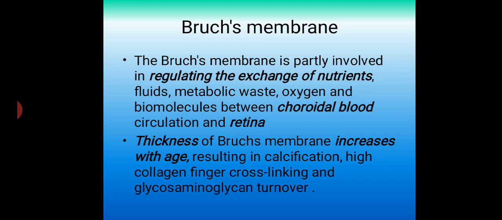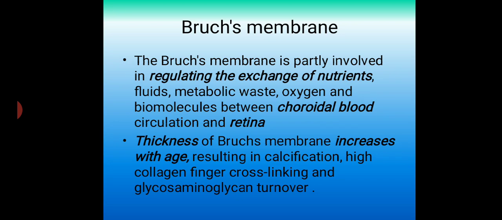Now, the thickness of Bruch's membrane increases with certain factors like age. As age goes on, there is calcification in Bruch's membrane, and high collagen cross-linking and glycosaminoglycan turnover can happen.